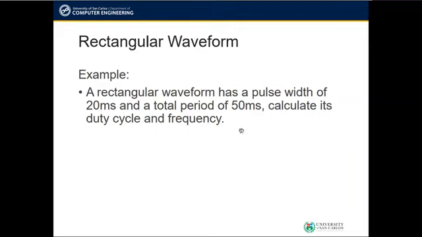From what is given, we can easily get the duty cycle since we know the signal pulse width and its period. The solution will look like this. The duty cycle of the rectangular waveform is 40%.